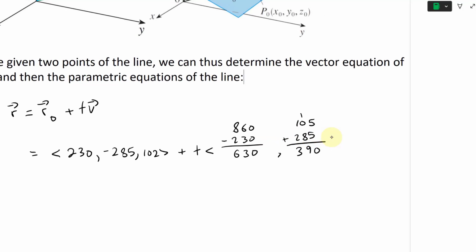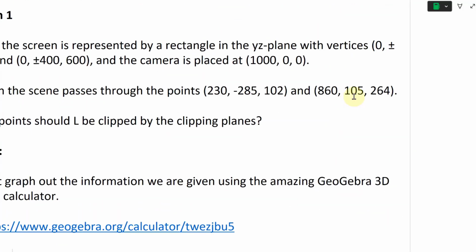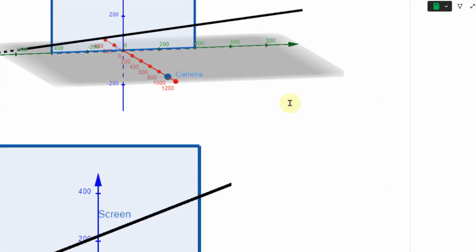And lastly, we subtract 102 from the last point, 264, which gives 162. Let me just double check: 105, 264, and then there's the 102.